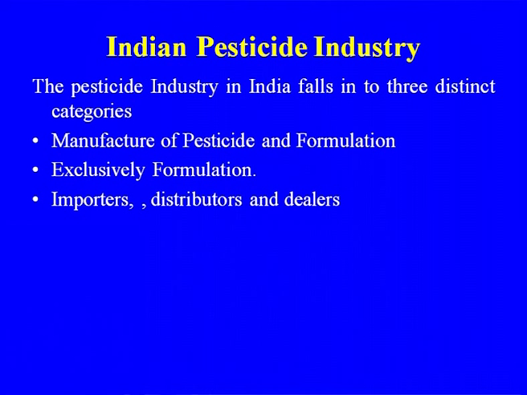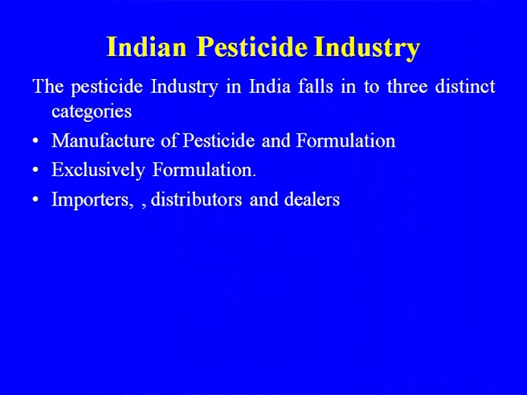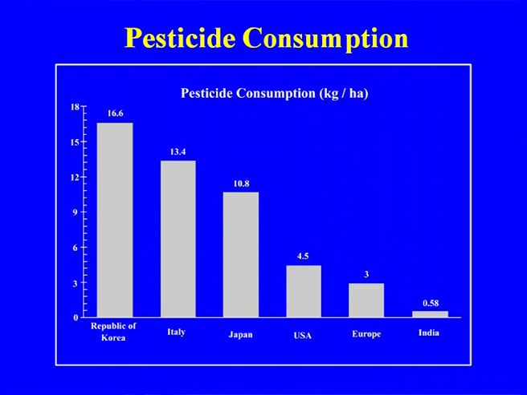The pesticide industry in India falls into three distinct categories: those that manufacture pesticide and formulation; those exclusively doing formulation, because many small units take the final products and do the formulation; and importers, distributors and dealers. This is the status of the pesticide industry in India. This is the pesticide consumption.